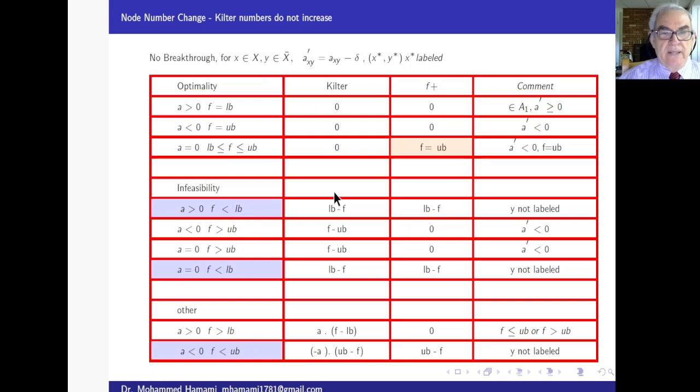So in any case, the Kilter number for such arcs from X to X bar, and also X star, Y star when X star is labeled, did not increase, and some of them decreased. So now we're going to do the other case: X bar to X, and X star, Y star when Y star is labeled.